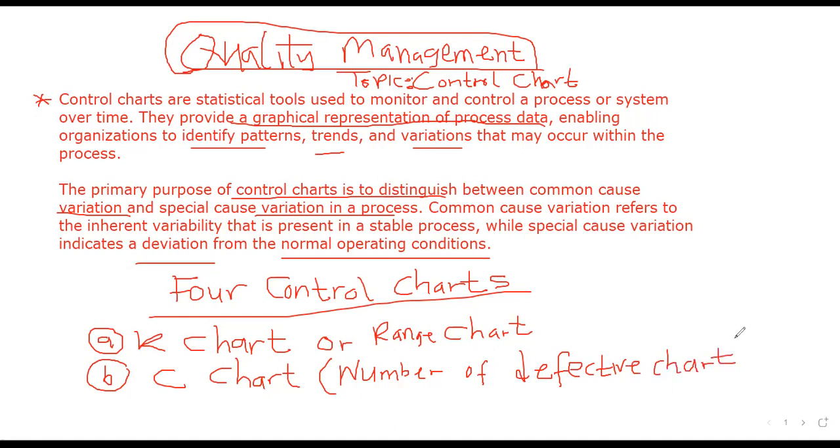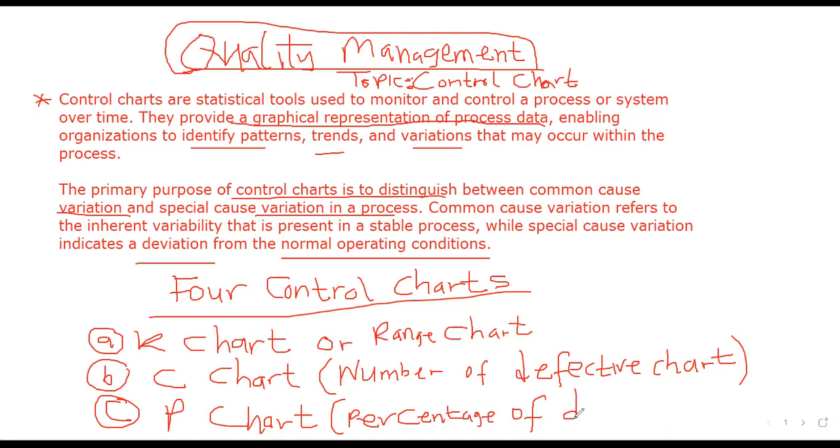Then we have the P chart, the percentage of defective chart.